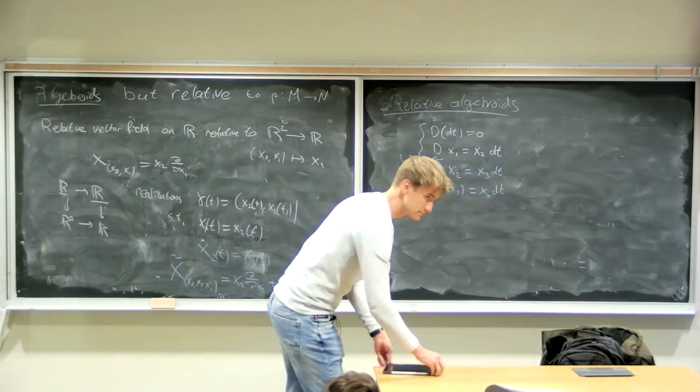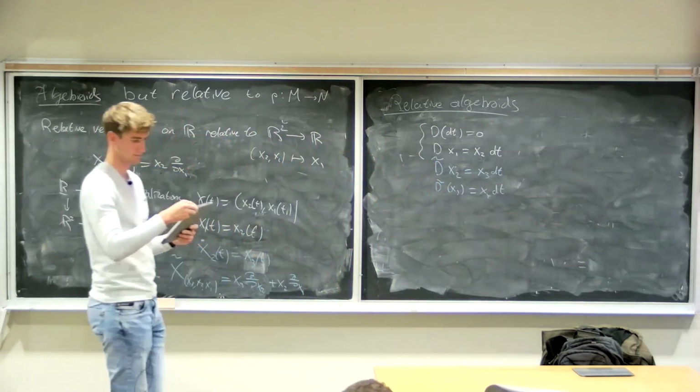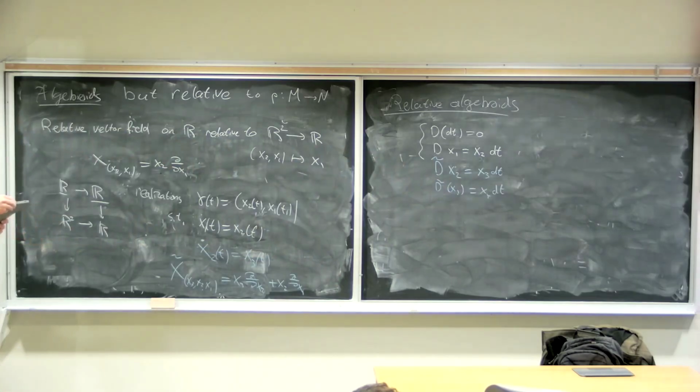Okay, so originally you had R2 mapping to R, and you had a relative vector field on R2. We're trying to solve, you were trying to find an integral curve. Now you've created an extension of the problem where you have R3 mapping to R2, and you're similarly trying to find an integral curve.